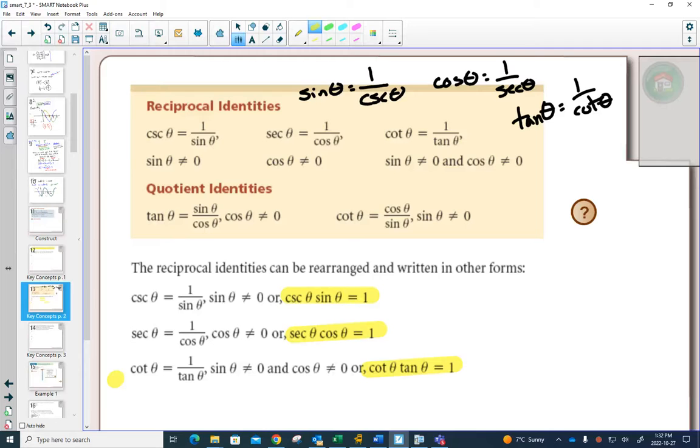Now what we're going to do in this unit is we're going to start with these, and if you like, we can also write down this one so far. These definitions, and the big idea that tan is sine over cos, and cotangent is cos over sine, become our tools.